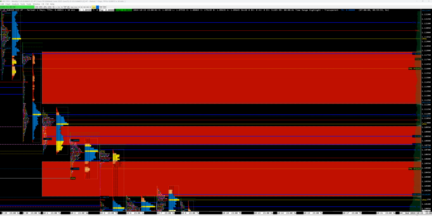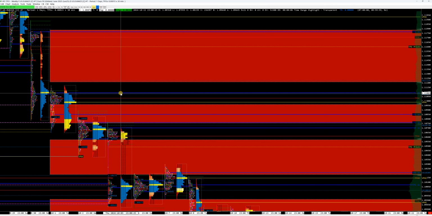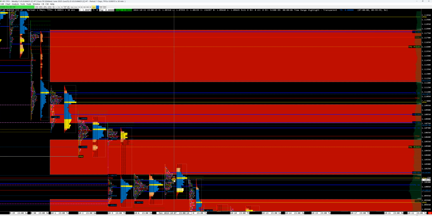So effectively, those areas, the low volume nodes monthly that we've just drawn, are now landed on the daily volume profile and market profile chart, where I'm doing exactly the same exercise.